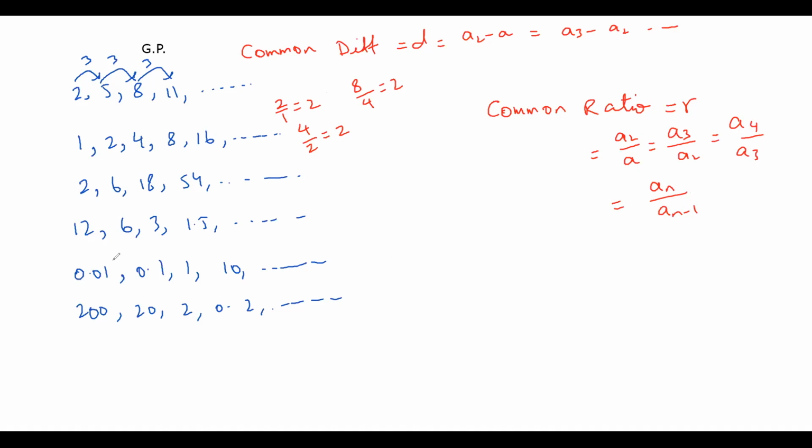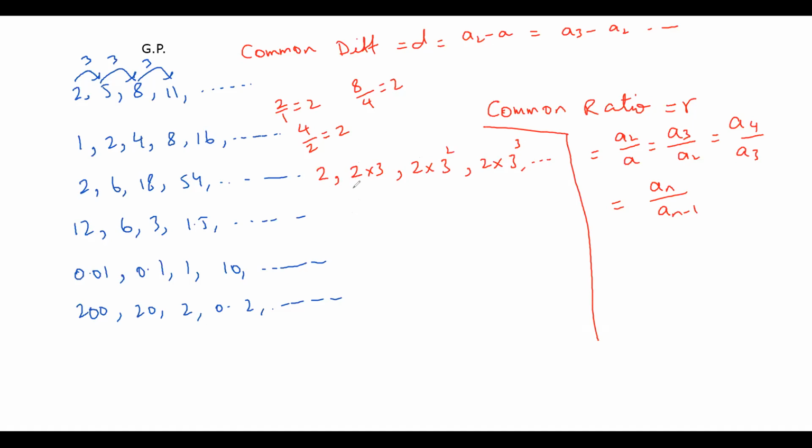Now look at this sequence here: 2, 6, 18, 54. Can I write it like this? 2, comma, 2 times 3, comma, 2 times 3 squared, comma, 2 times 3 cubed. Yes?